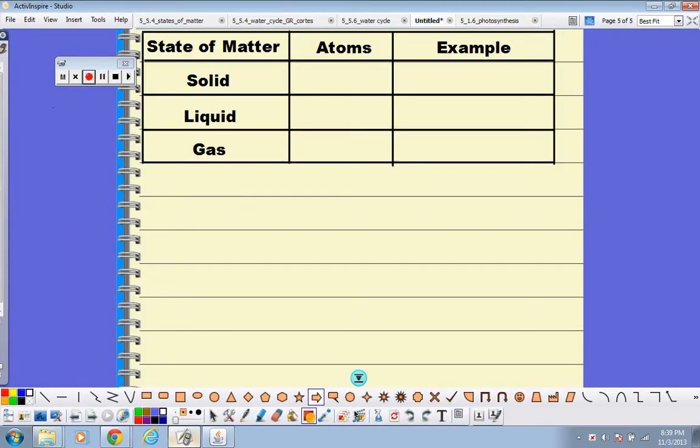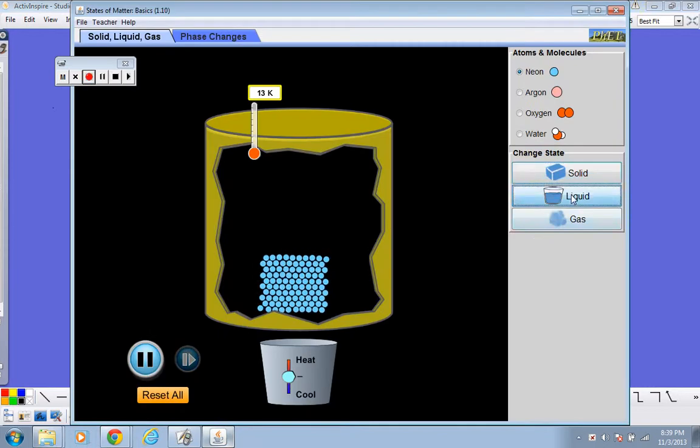So we are going to draw little circles because that's what atoms are. All stuck together. There we go. And they should be very close, sticking together. There we go. And then when you draw your liquid, they should be a little bit farther apart.